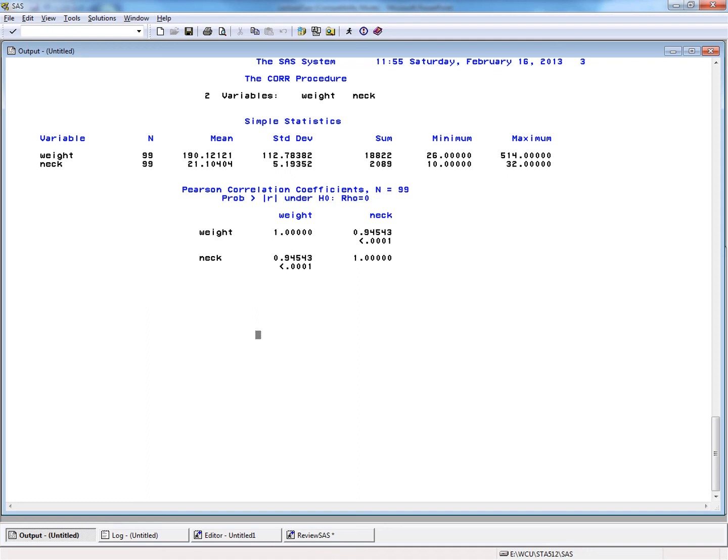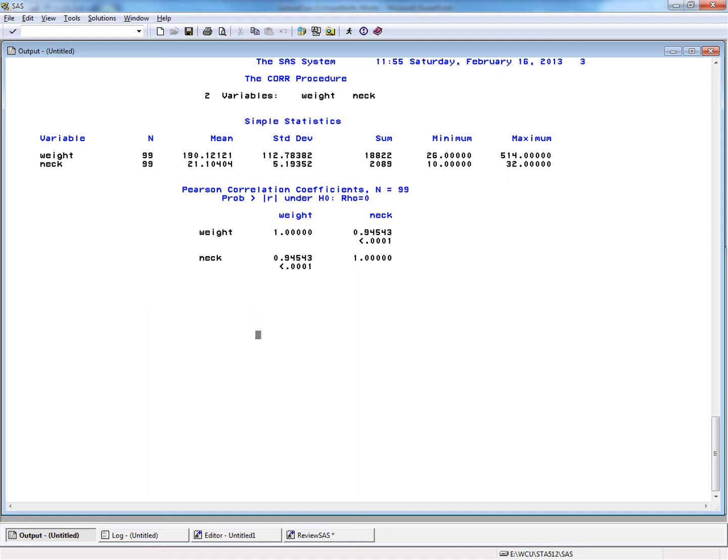Here is our output from PROC CORR. We see the correlation, that's the 0.94543. If we look beneath it, we see a less than 0.0001. That's the p-value for the hypothesis test of whether or not rho is zero. In fact, we can see it.